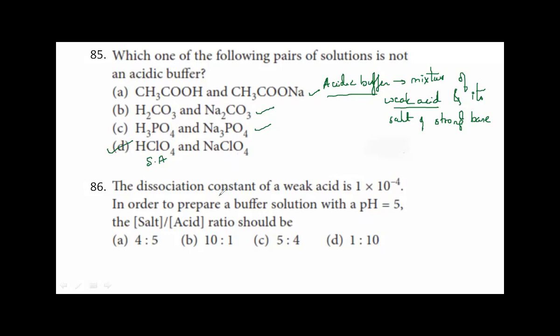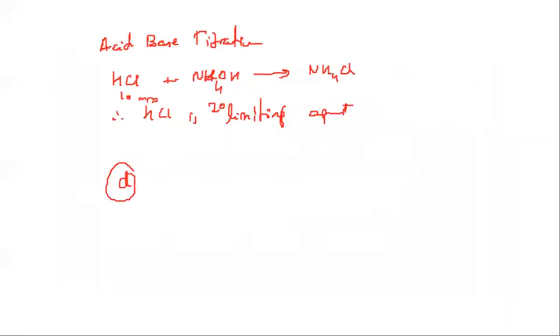Correct? Next question. The dissociation constant of a weak acid is 1 into 10 raised to minus 4. In order to prepare a buffer solution with pH 5, the ratio of the concentration of salt to the concentration of acid should be? It is Henderson's equation. Let us solve and see.